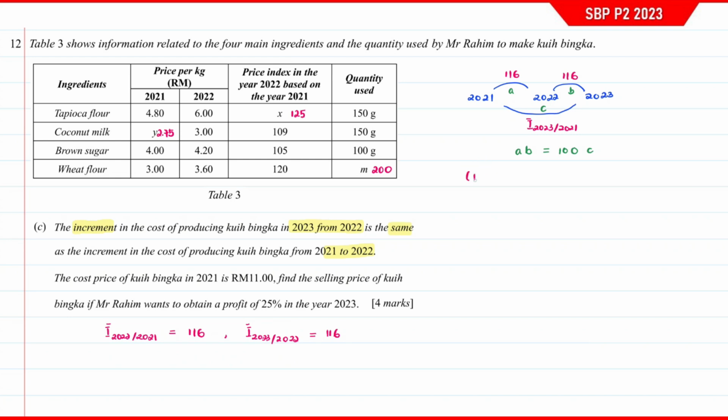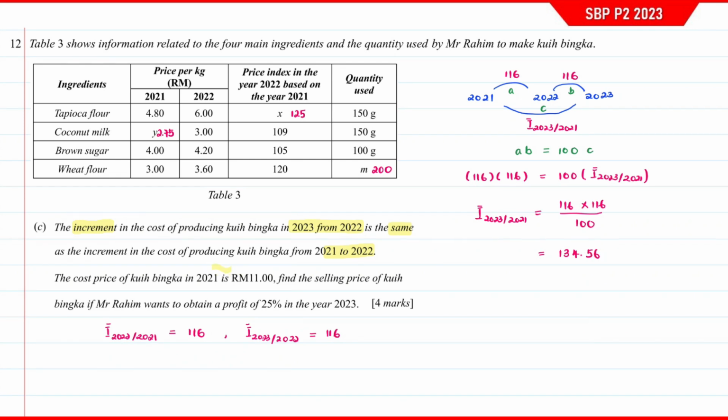So here we're going to get 116 times 116. This is equal to 100 times the composite index 2023 based on 2021. Then the composite index will be 116 times 116 divided by 100, which is equal to 134.56.